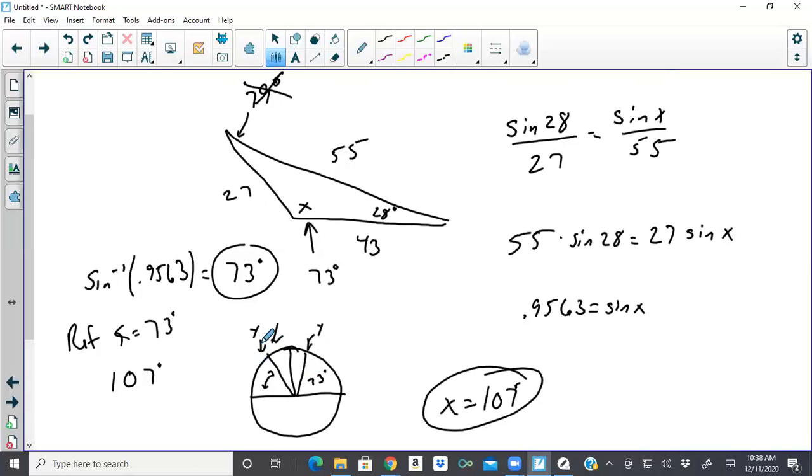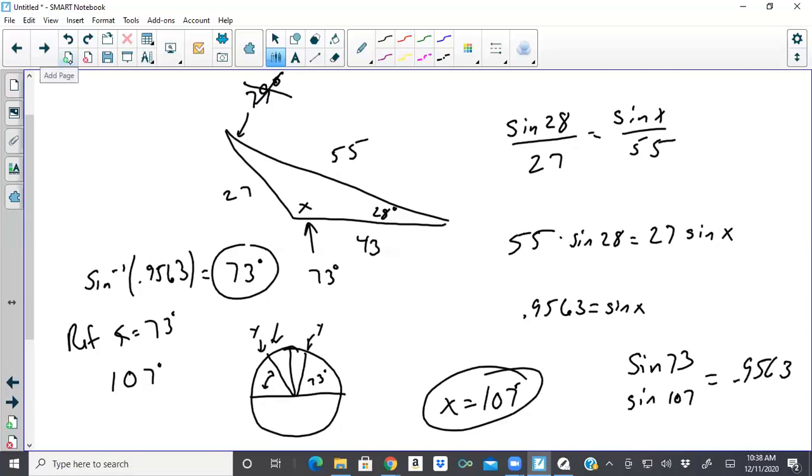I have to be smart enough to know that this is an obtuse angle. So if you go into your calculator and type in the sine of 73, and the sine of 107, those will both give you the same exact answer, which is 0.9563. So I know that I found the correct angle, all right? That's something you have to make sure you understand, because if you don't, it's going to be kind of tricky.